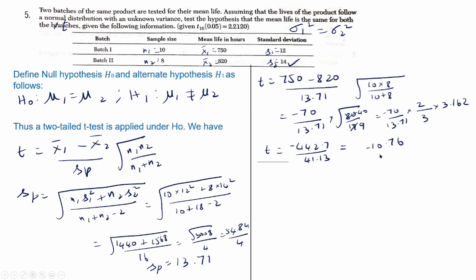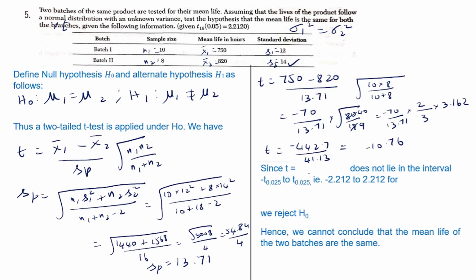So minus 10.76 is very less than minus 2.212. So this value falls in the rejection region. Hence t equal to minus 10.76 does not lie in the interval minus t 0.025 to t 0.025, that is negative 2.212 to 2.212 for n1 plus n2 minus 2 equal to 16 degrees of freedom.